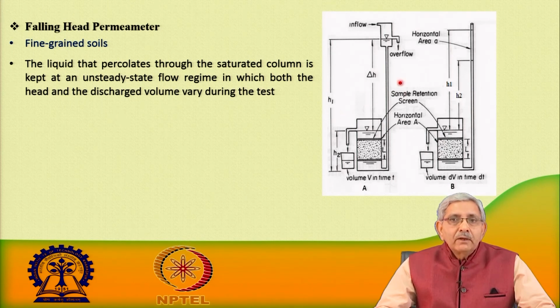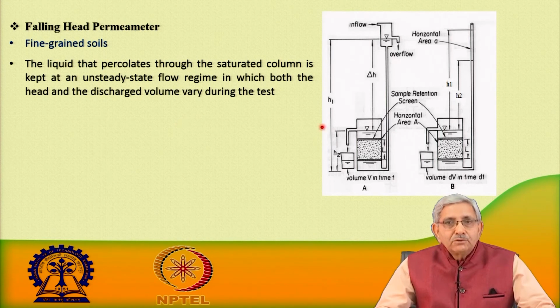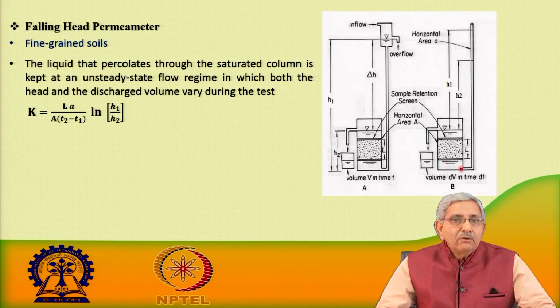Unlike the constant head case, here the head is not maintained constant; we are maintaining an unsteady state flow regime, and the head is also variable. So, not necessarily is a constant head maintained during the test.